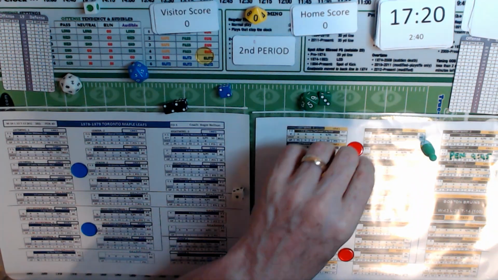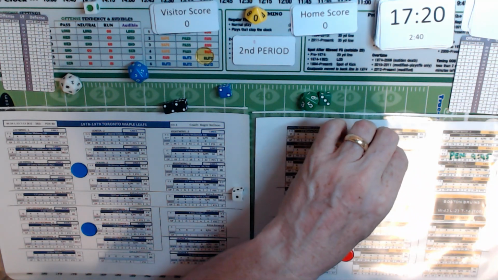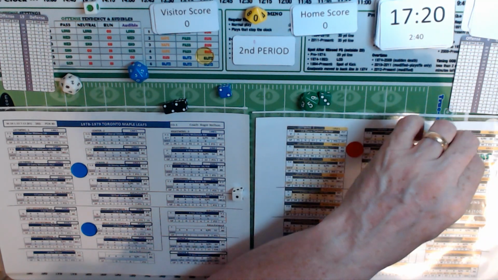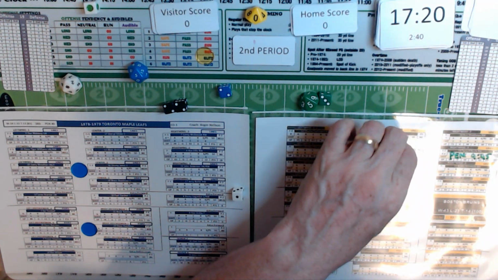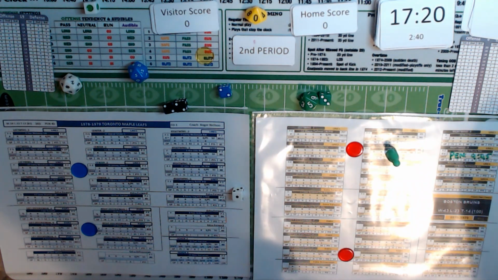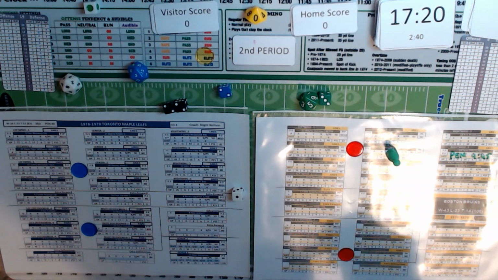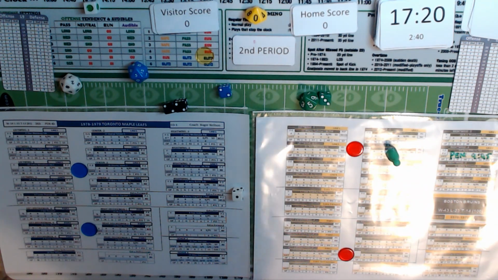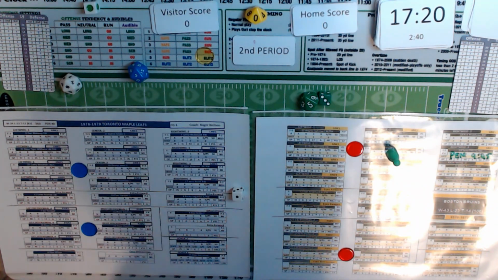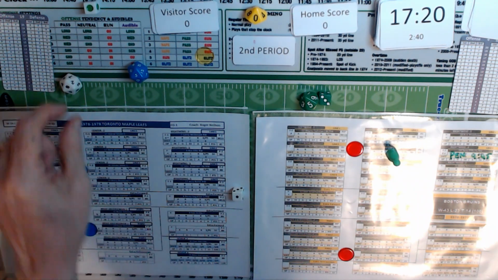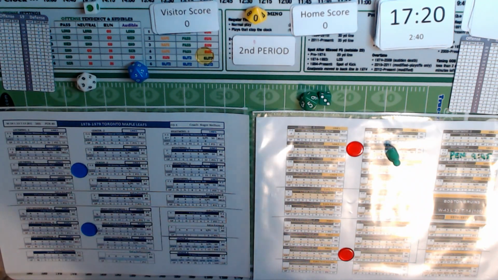And we have a stoppage in play. So what will happen is that Schmutz will move up and play right wing.